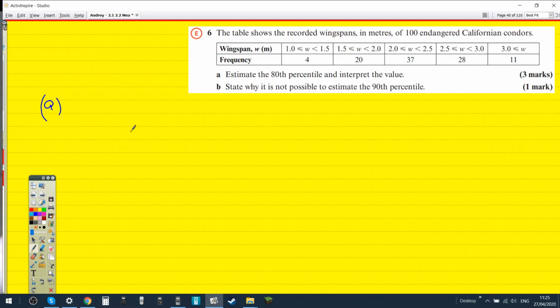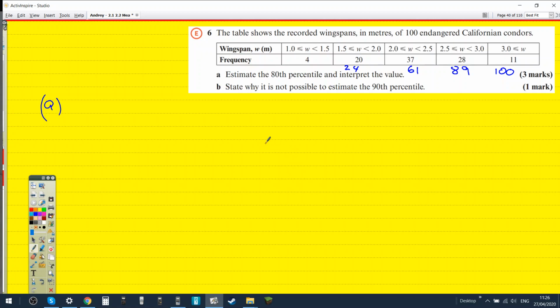Okay, let's try this. So if I find the cumulative frequency here, it'll be 424, 61, 89.